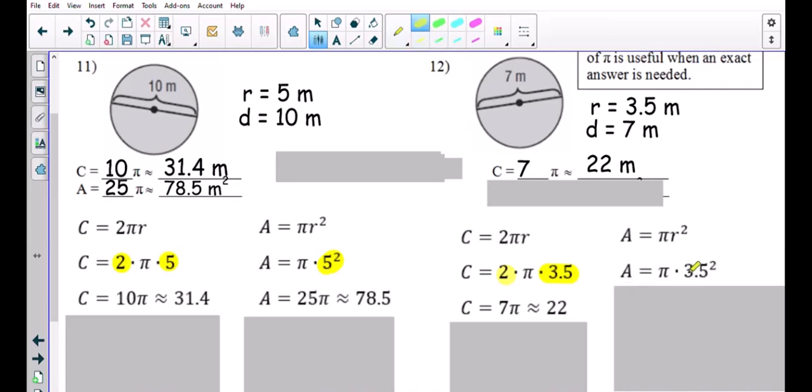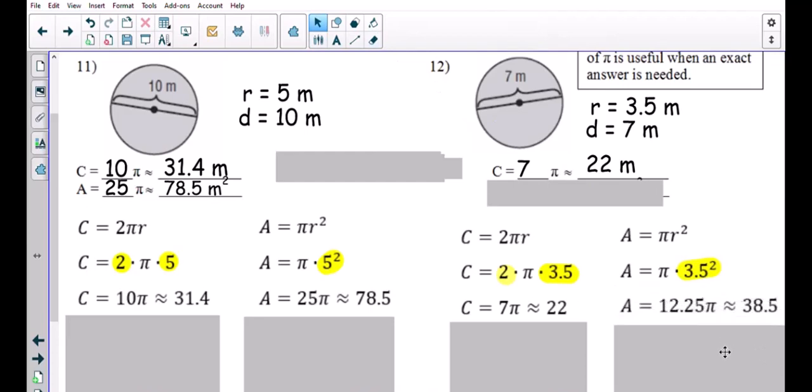We will practice this in class. 3.5 to the second power is 12.25. And then if I take 12.25 times pi, I get about 38.5. Something to stress to you is if you don't know how to square a number in your calculator, don't do 3.5 times 2, but you can do 3.5 times 3.5. So we fill in the blanks here.